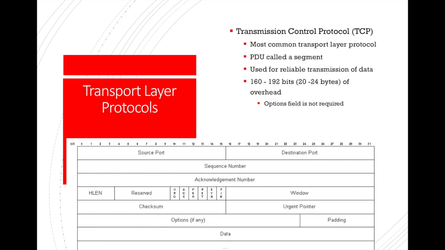So as we'll see pretty soon, TCP is session controlled data transmission. In other words, a session is established with TCP. With UDP, it is not. So each header is about 160 to 192 bytes with 20 to 24 bytes of overhead. Optional fields are not required.